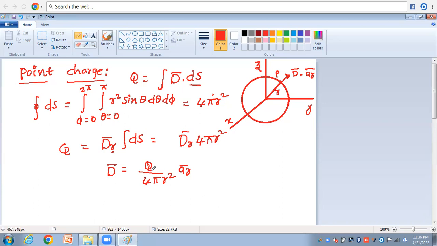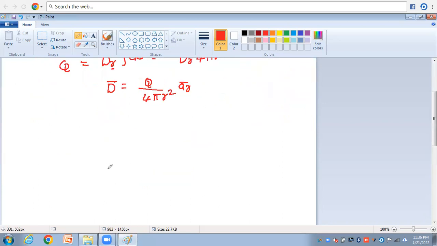Next I will discuss the infinite line charge. No need for all the derivations. Just concentrate on the first two derivations. For the next two, you can remember the expressions directly.